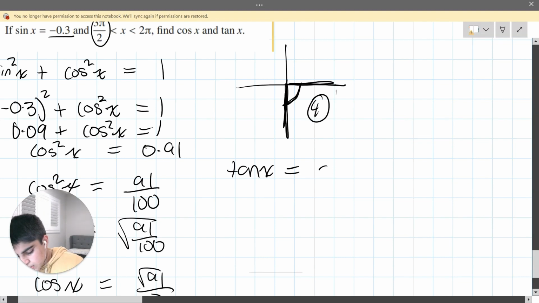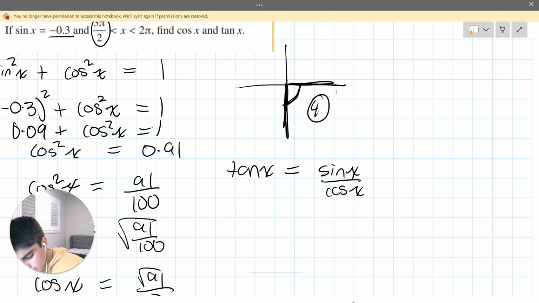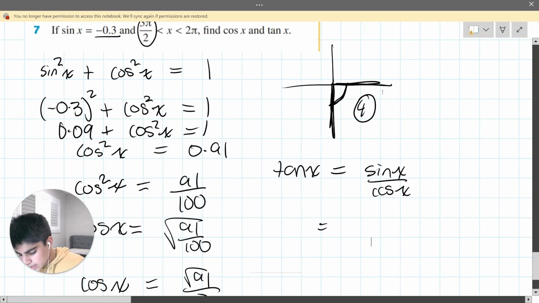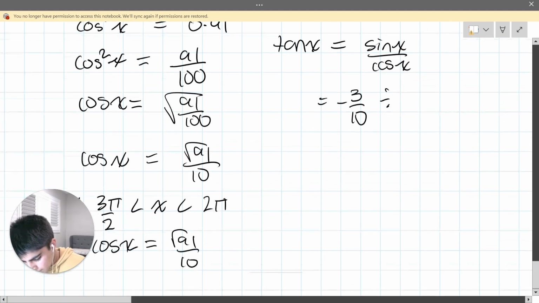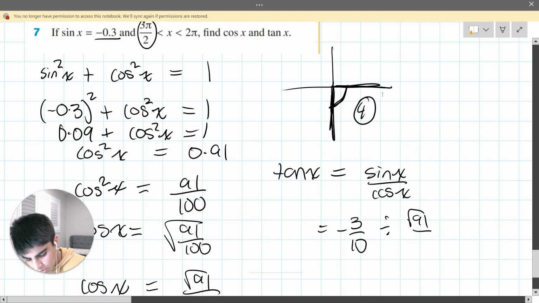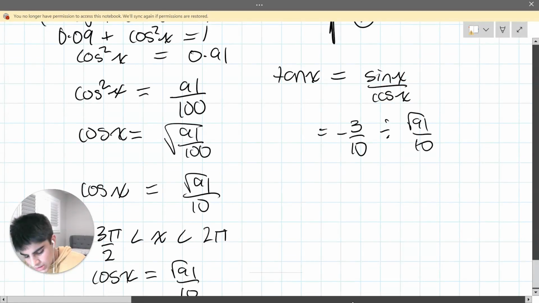Tan x equals sine x over cosine x. Sine x is negative 0.3, which equals negative 3 over 10 divided by root 91 over 10.